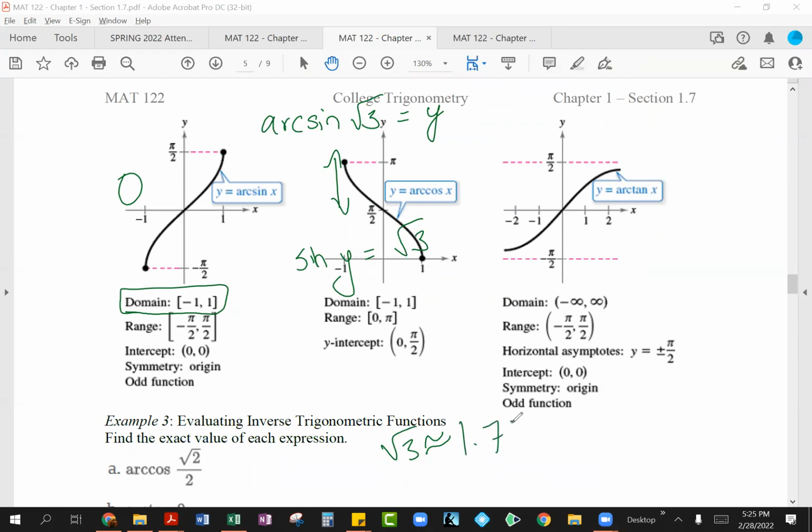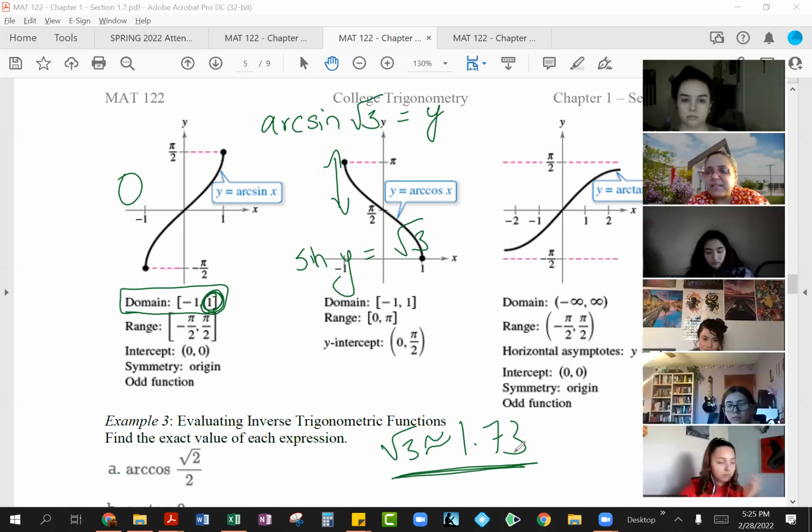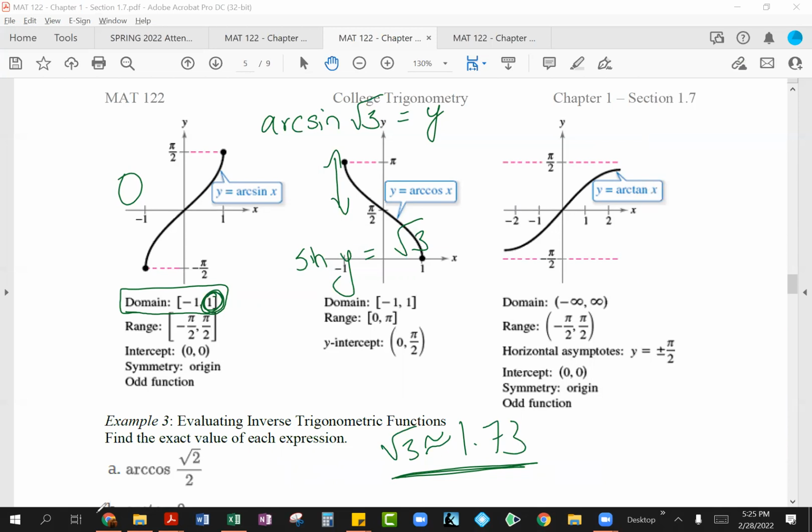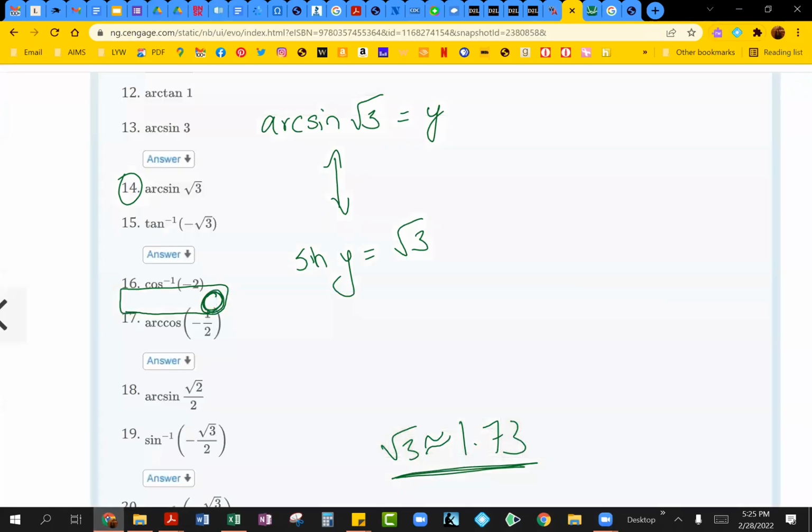Square root of 3 is approximately equal to 1.7, which is beyond the maximum value that your domain can have. And that's the reason why we don't have an arc sine of square root of 3 value. And that's why, Andrew, you got that domain error, right? Because it's outside of your domain range. So that's kind of what's happening over here. It's a small thing, but a lot of times we don't really think about those because we haven't had to think about a restricted domain up until this point in all of our discussions.